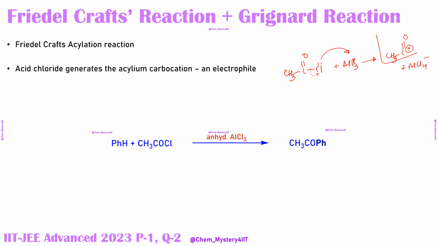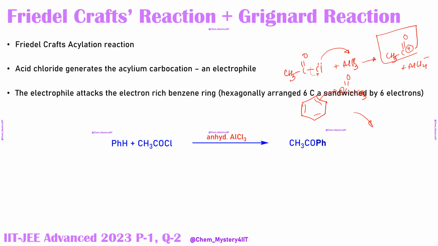This is our electrophile. This electrophile is supposed to attack the benzene ring in the traditional EAS reaction. We have been seeing that for quite a long time. C double bond O, there is a positive charge over here and there is a CH3. This reaction is going to give us an arenium carbocation, which after losing H plus will convert into the acyl benzene, which we can call acetophenone.